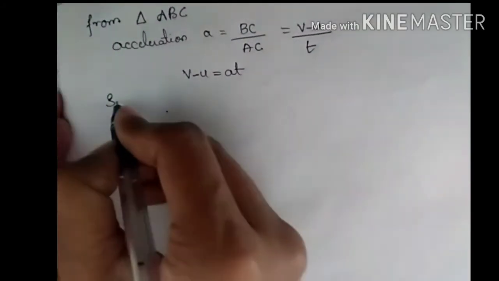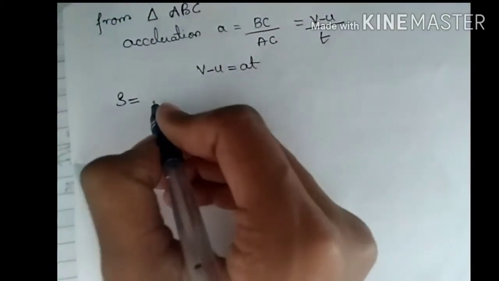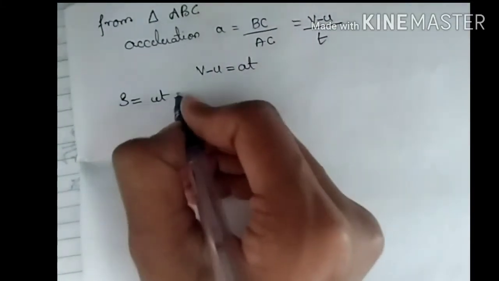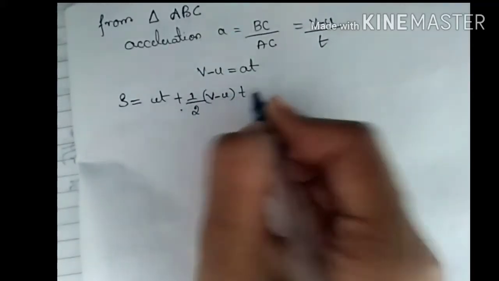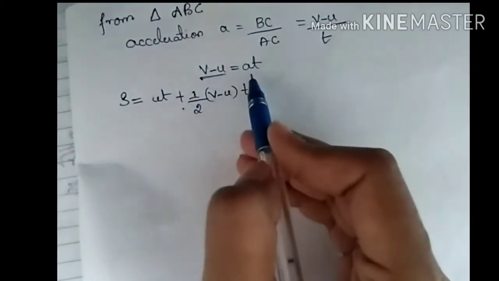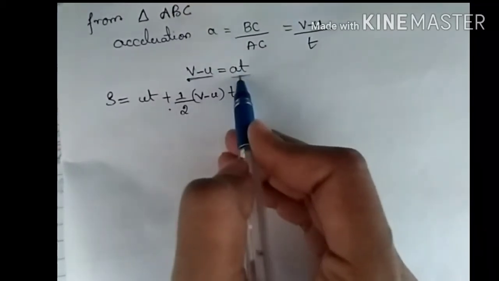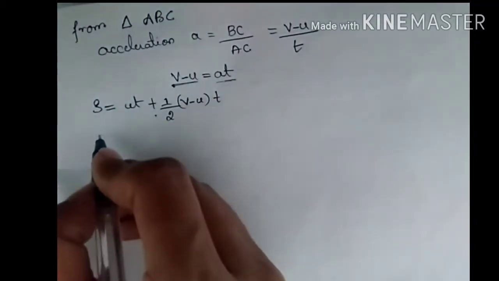So what was our equation 1? S is equal to UT plus half (V minus U) multiplied by T. Here V minus U is equal to AT, so substitute that.